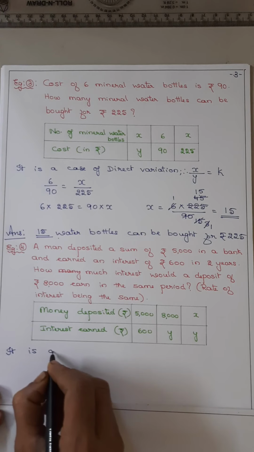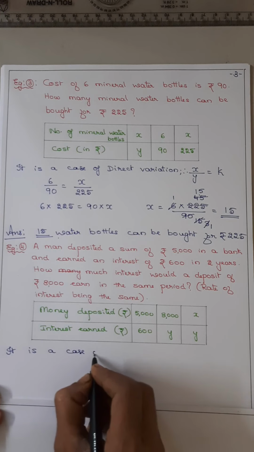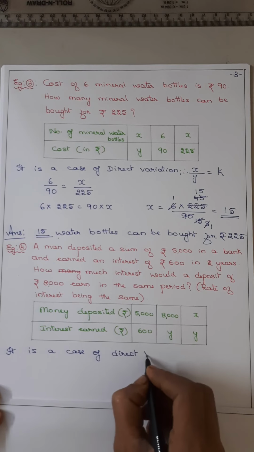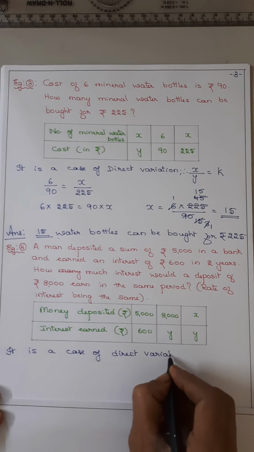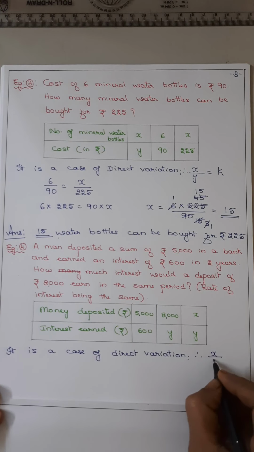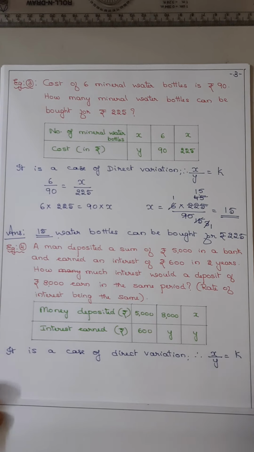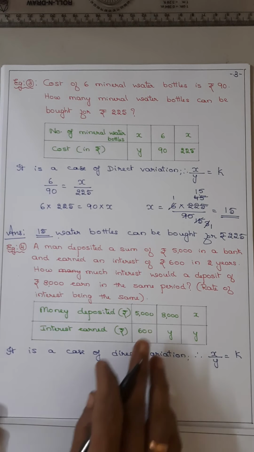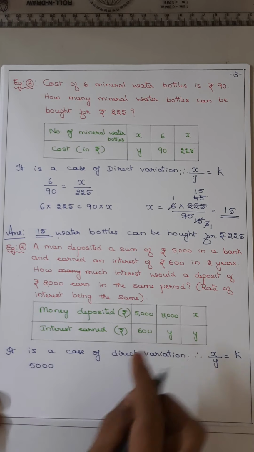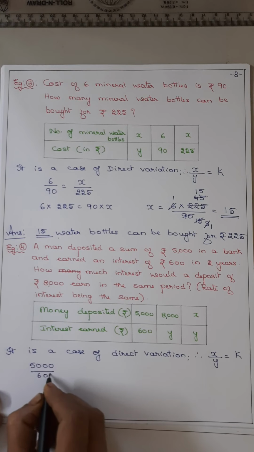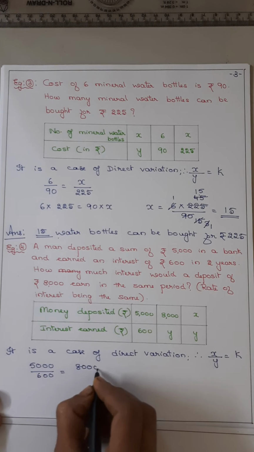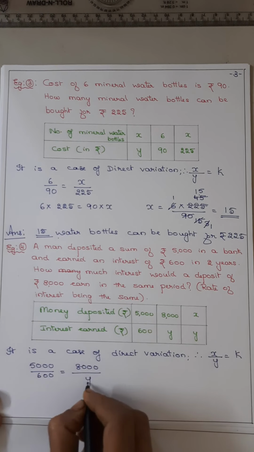It is a case of direct variation. Therefore formula x by y is equal to k. Now the first column, it is 5,000 upon 600 is equal to 8,000 upon y.